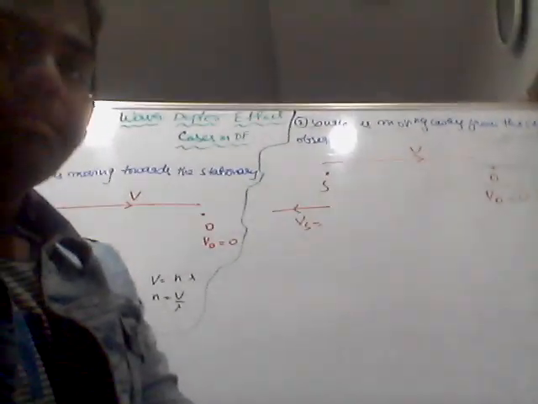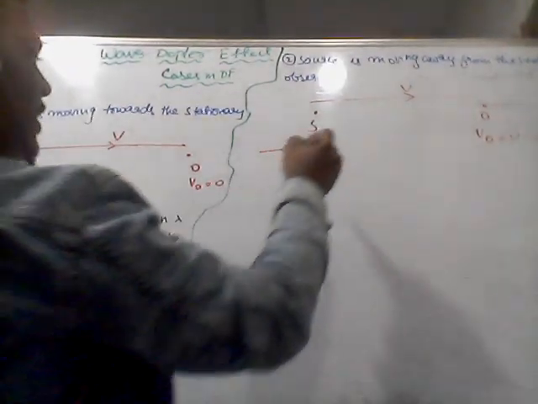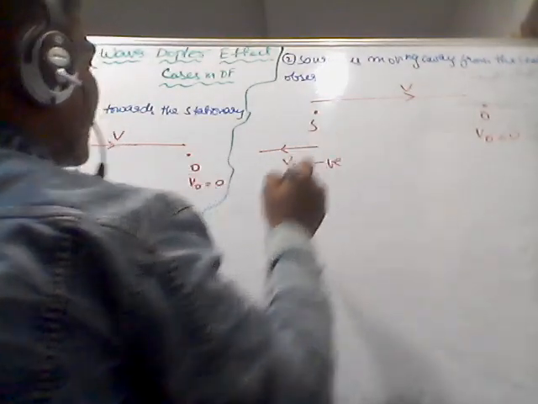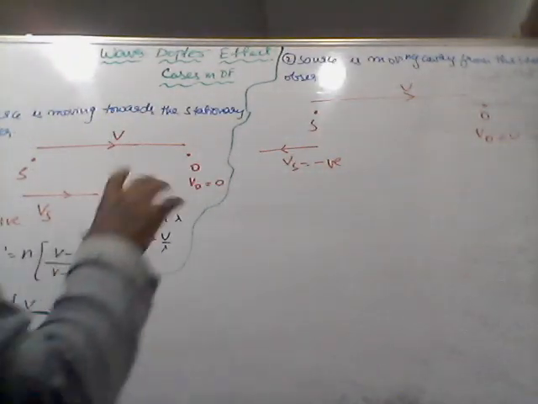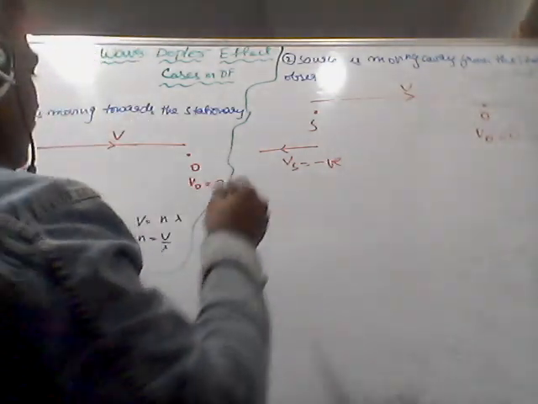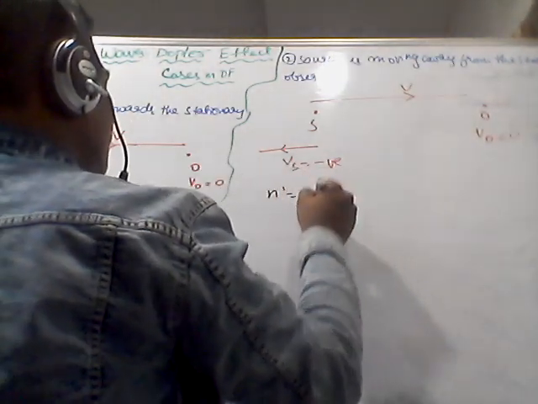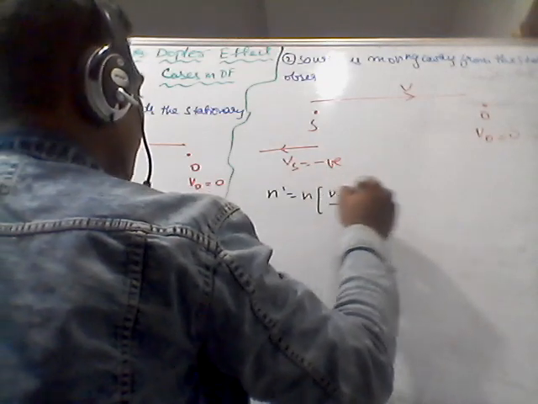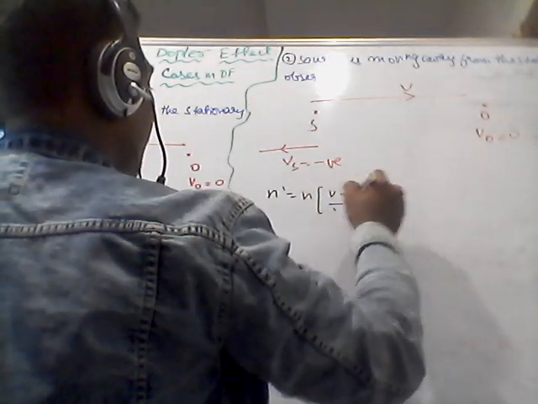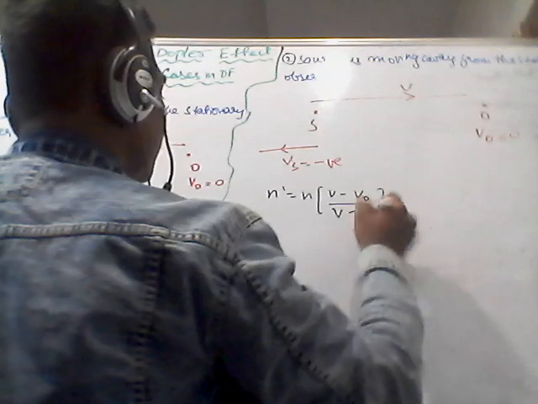So the sign convention is minus, negative, yes or no? Now we'll directly get the formula. N dash is equal to N into (V minus VO) by (V minus Vs).